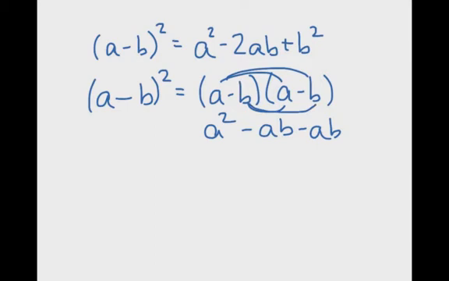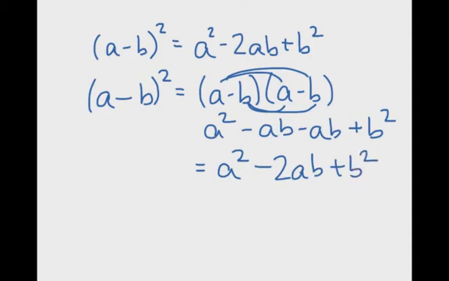And remember, minus b times minus b is going to give us a positive b squared. Simplify that out, and we get a squared minus 2ab plus b squared, which is the same thing that is up here at the top.